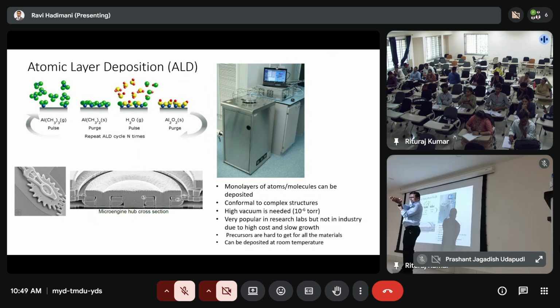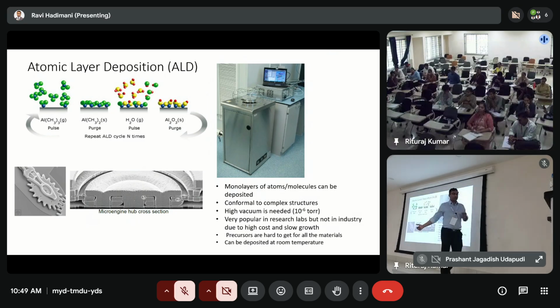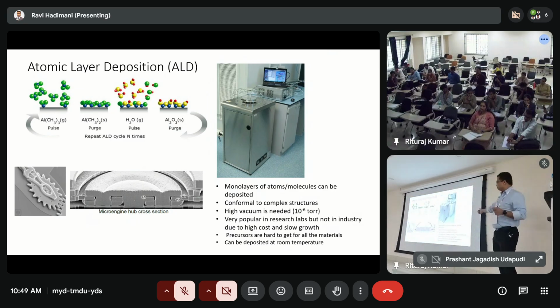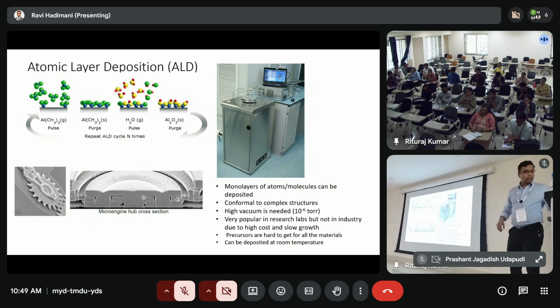That chemical comes and reacts to only the monolayer that is attached, and then you purge again. Send the argon gas and it goes off. So then you will be left with a monolayer of a compound that is deposited, or any of the product of the chemical reaction that is deposited here. Okay, it's usually used for high dielectric constant materials. But also because it's chemical vapor deposition, it's conformal, means it can deposit to any smaller surfaces.